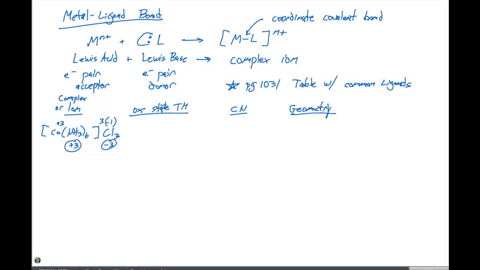So the oxidation state of the transition metal is cobalt 3+. The coordination number is the number of the ligands that are coordinated to the cobalt, in this case, inside the brackets. So our coordination number is going to be 6, and our geometry is going to be an octahedron.